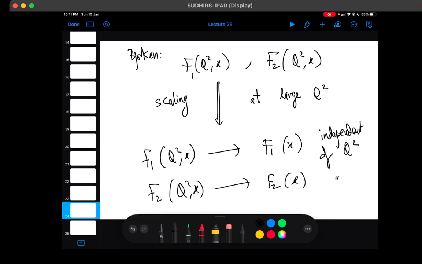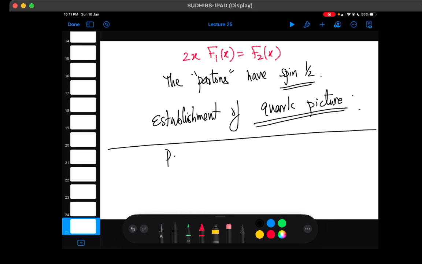Deep inelastic scattering also tells you what we nowadays call the parton distribution functions, sometimes called PDFs. These are experimentally determined.